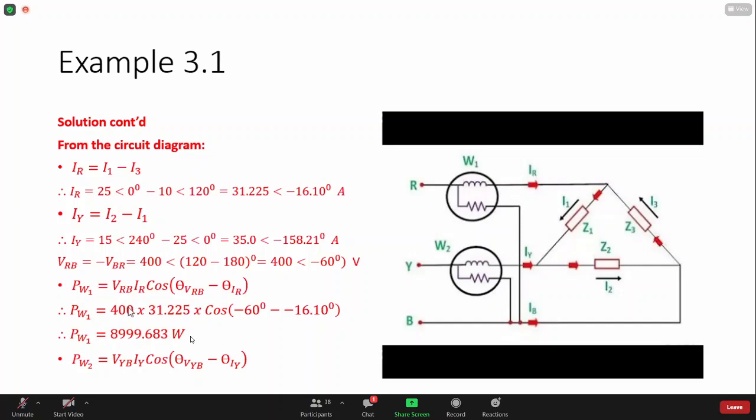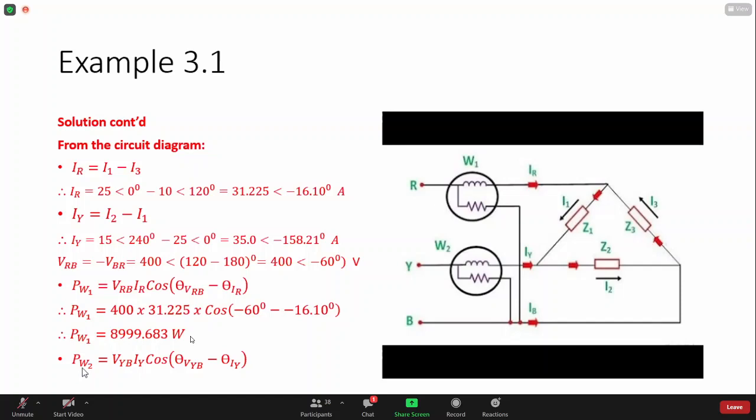So we put in the data, 400 times the 31.25 times the cosine of that, and we end up with almost 9,000 watts: 8,999.683. All right. So we find out what meter one is reading. We need now to find out what meter two is reading.